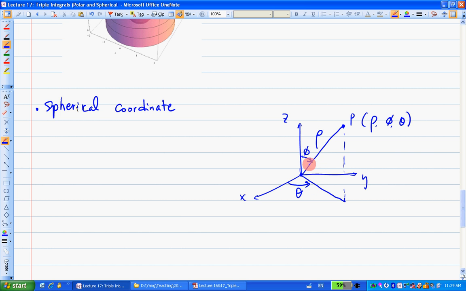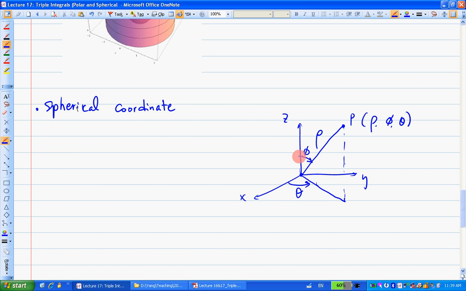This is not the only definition. In some textbooks, phi is defined from the other side. Actually, maybe it makes more sense to define phi from here to here.